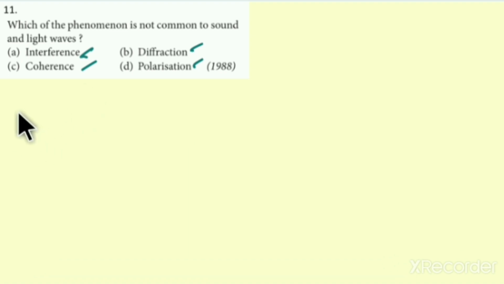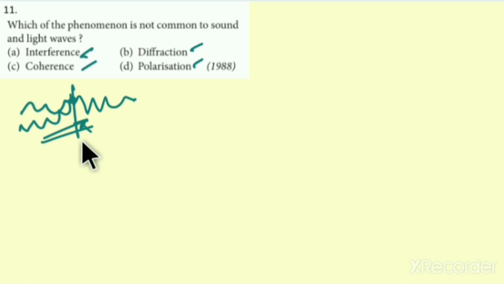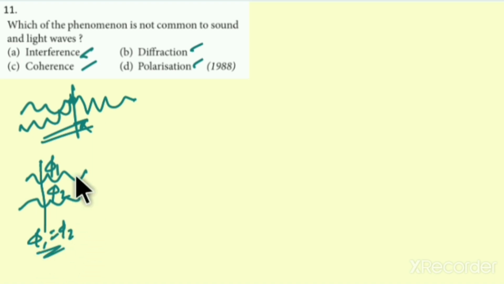We know that interference is when two waves interfere at some point, that is, two waves mix at some point and a new wave is created. And coherence is about the phase difference between two waves. If phase 1 is equal to phase 2, the same, then these two waves will be known as coherent waves.